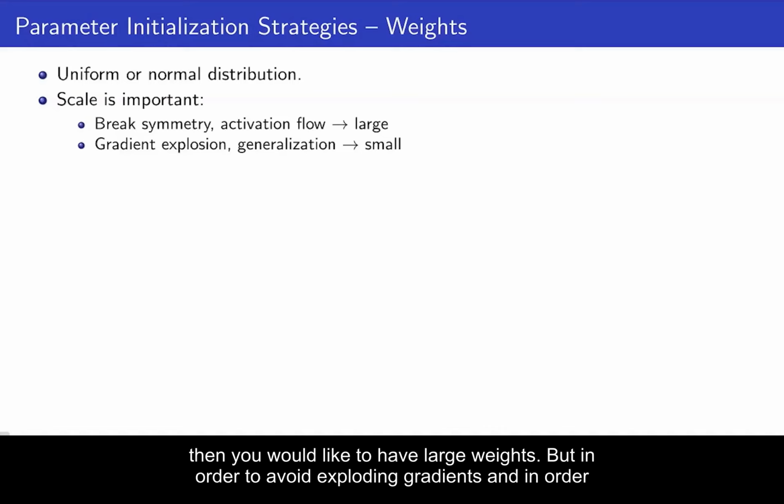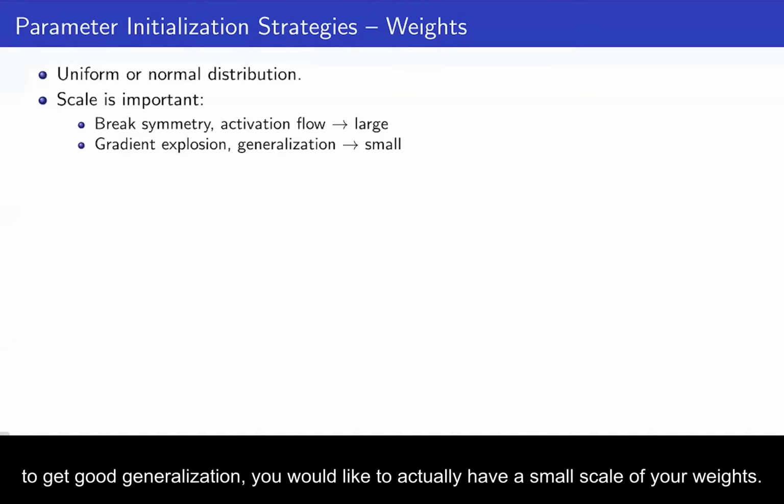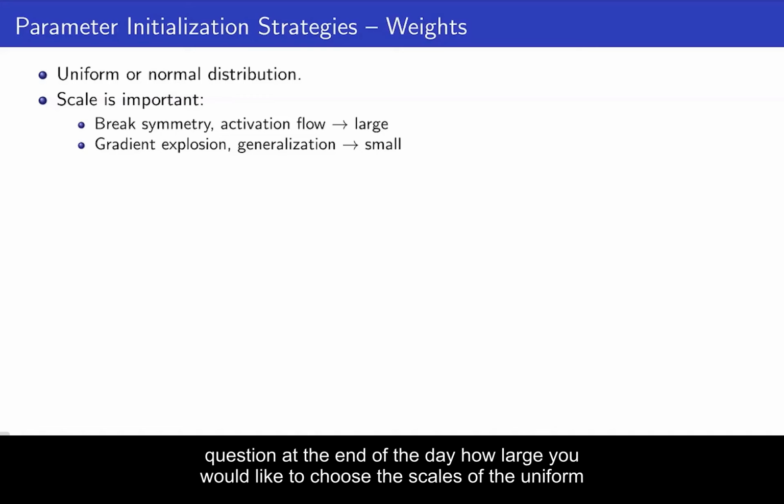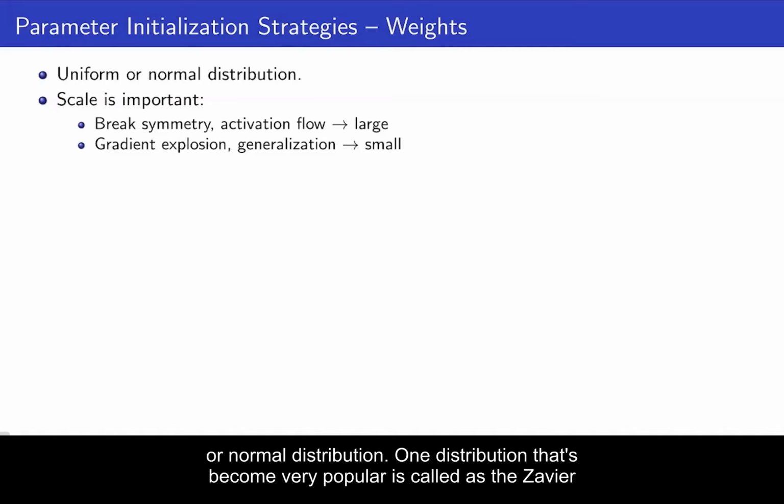But in order to avoid exploding gradients and in order to get good generalization, you would like to actually have a small scale of your weights. So these are different types of forces pulling large or small, and it really is an empirical question at the end of the day, how large you would like to choose the scales of the uniform or normal distribution.